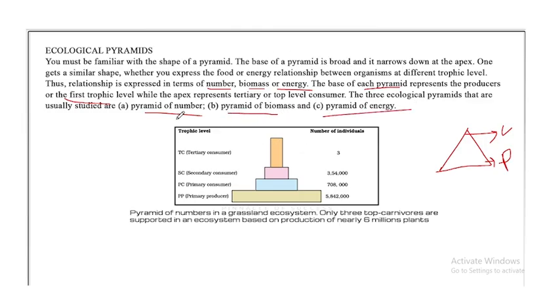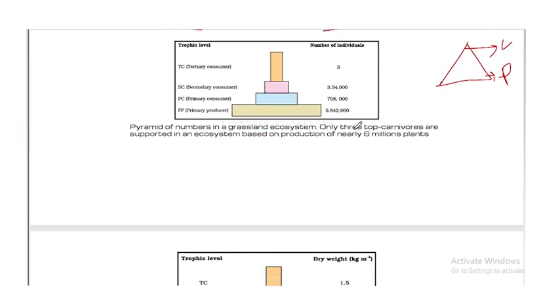We will see details about these three. Pyramid of number in a grassland ecosystem. Only 3 top carnivores are supported in an ecosystem based on the production of nearly 6 million plants. So we can see that as we move up the trophic levels, the number decreases rapidly.